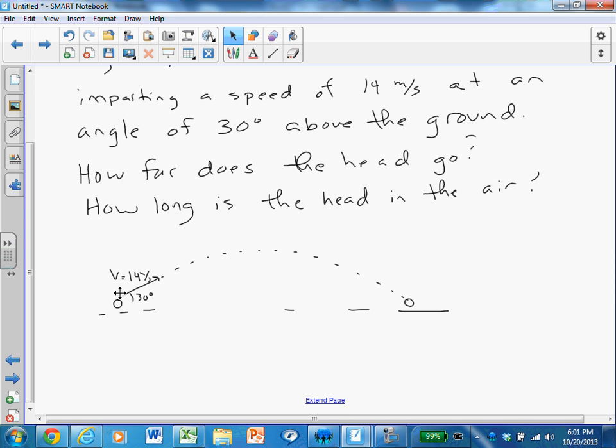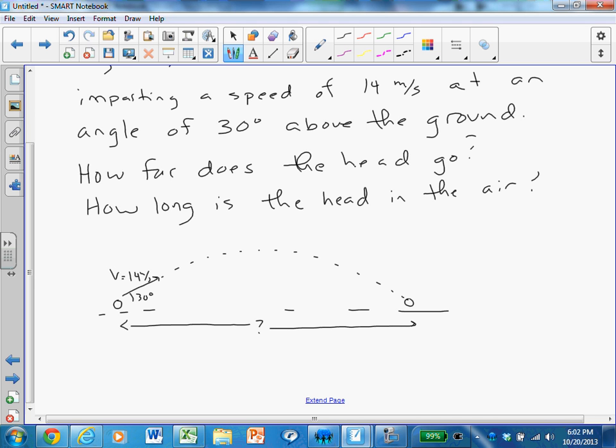Okay. So the question is, how far does the head go? So we're interested in this. And how long is it in the air?